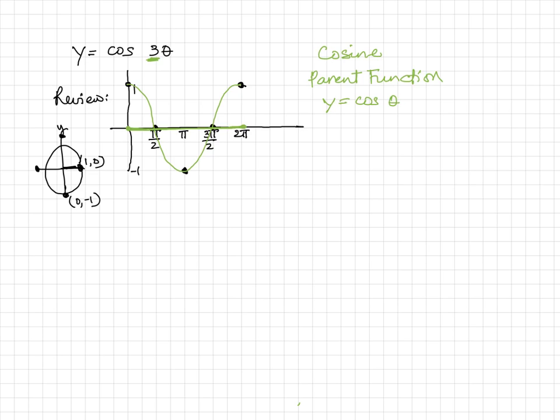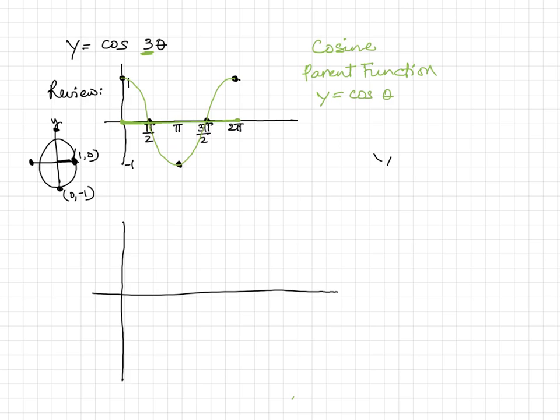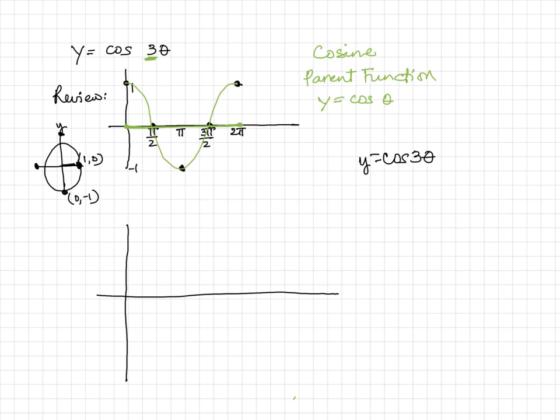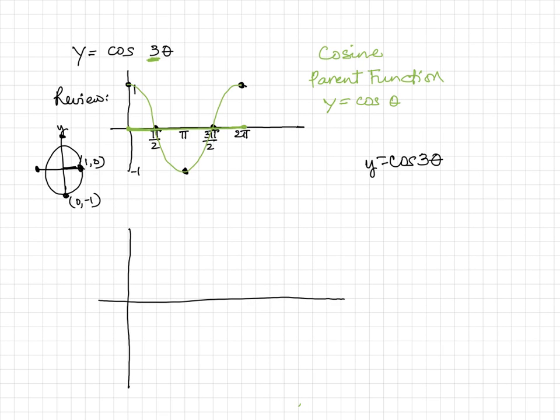So let me make my xy coordinate again, and write y equals cosine 3 theta.